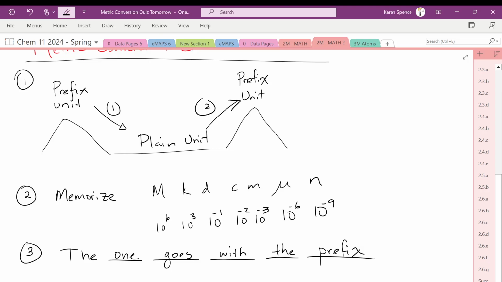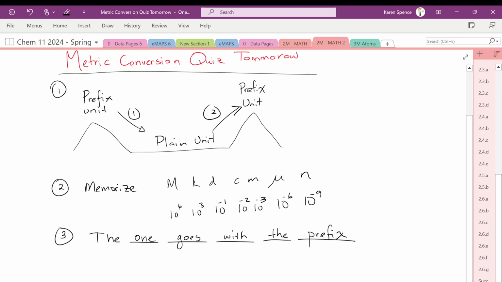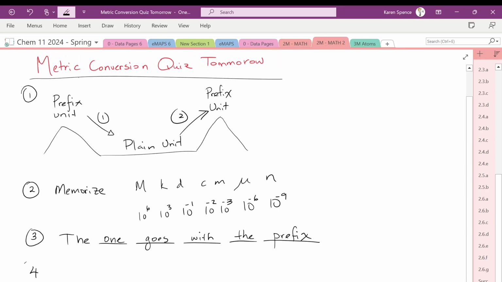If you have these skills, you should be fine. The other thing you need to remember is if you have a slash, like let's say you have decigrams per microliter or something like that, you need to rewrite it as decigrams over microliters so that you know that the microliter is on the bottom, not on the top, okay?